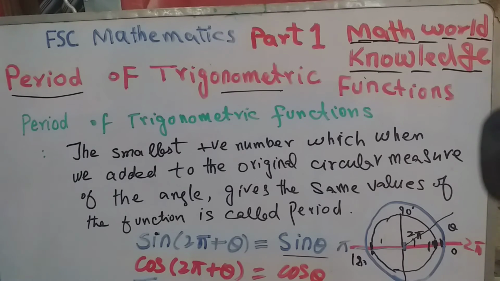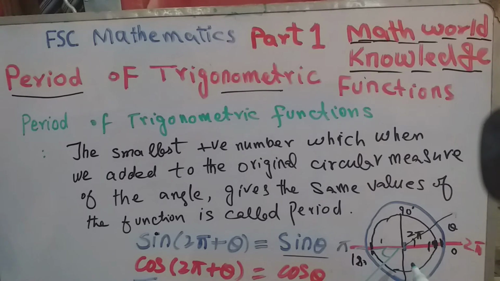When we add theta with pi, the answer is again the original value. It means that at this stage pi plus theta, the answer will be positive, no change. So this is the period of the function. Like sine: 2 pi plus theta, which is the period of sine function and cos function, also secant and cosecant function.